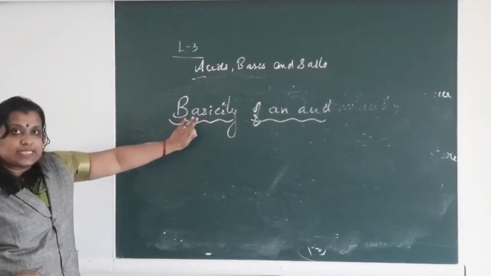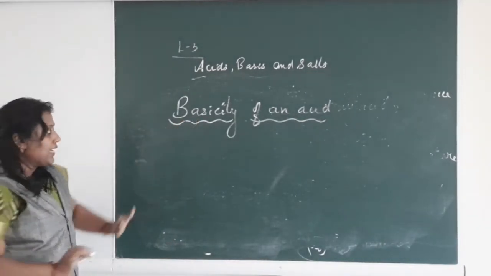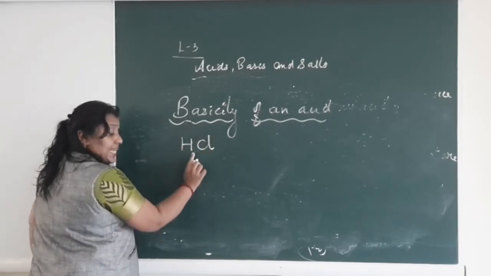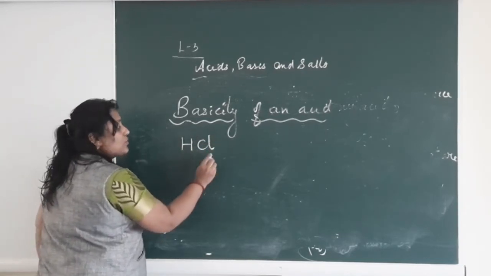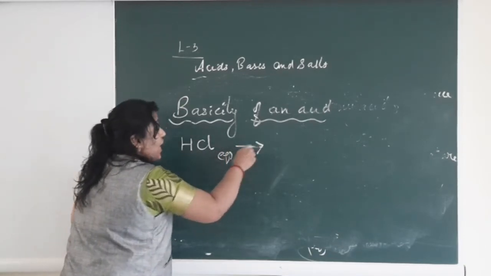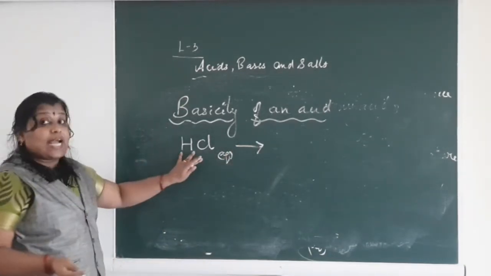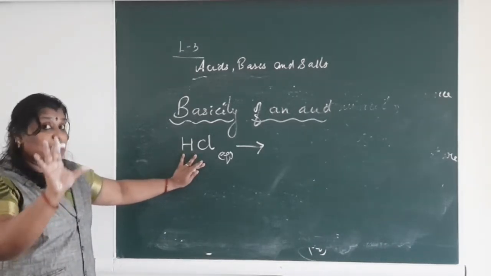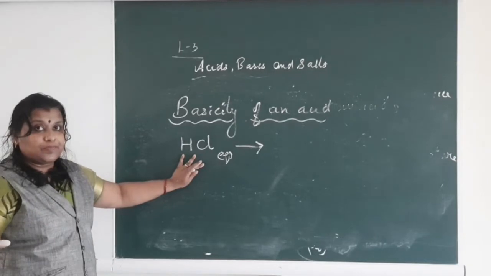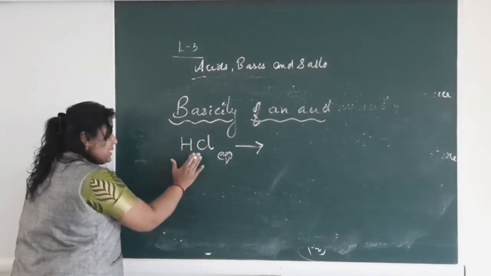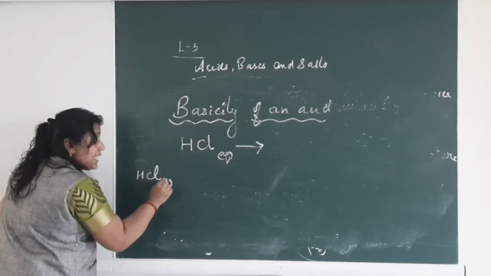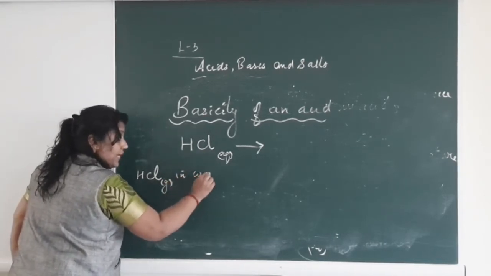Before I introduce this term basicity, you tell me, when HCl is taken in an aqueous solution, or if I take hydrochloric acid, you know what is hydrochloric acid? See, there is a difference between hydrogen chloride gas and hydrochloric acid. Hydrochloric acid means you have dissolved HCl gas in water.